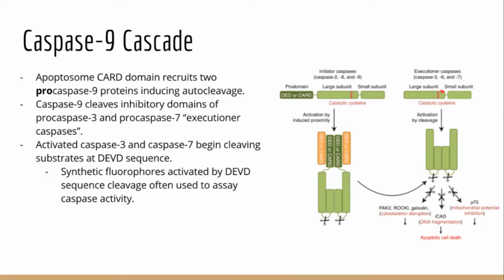sequences. DEVD. One interesting way to assay and measure this activity of the executioner caspases is with a fluorophore that is auto-inhibited. Just like the caspase-3 and 7 enzymes, it can be cleaved by the caspase-3 or 7 enzymes.